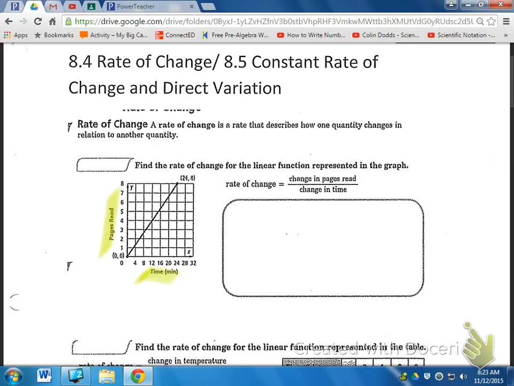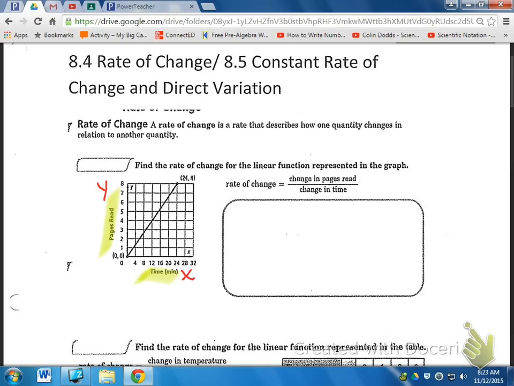I know it sounds strange, but all of these things are related, and they're all called a different name. So the rate of change, the way that you tell what it is, you find the change in the pages read. Okay, now remember that the time, the minutes, is the x-axis, and the pages read is the y-axis.